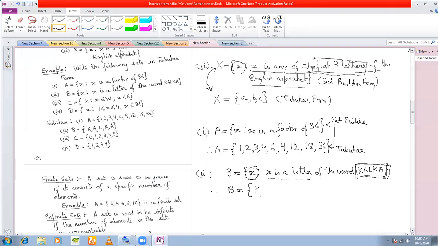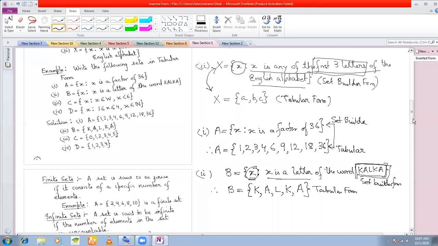K is a letter, A is a letter, L is a letter, again K is a letter, and A is a letter. Okay. So this question was given in your set builder form. You have written this in tabular form.